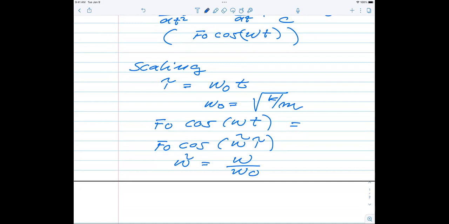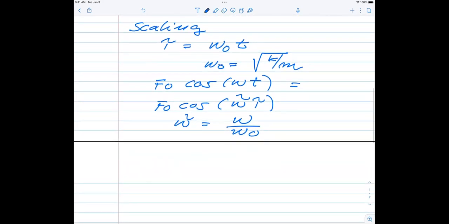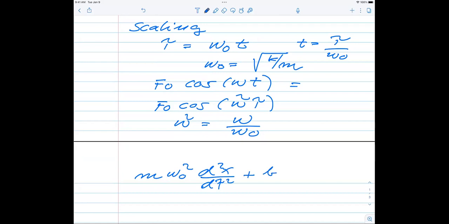So let me just bring up the final scaled version of the equation. So what we have is an m, and then we got this omega 0 squared because we plugged in t equal to tau divided by omega 0. So we got an omega 0 squared, and then we had a d2x over d tau squared. And then we got plus a parameter b times this omega 0 times dx of d tau.